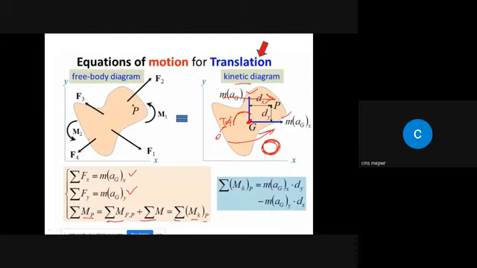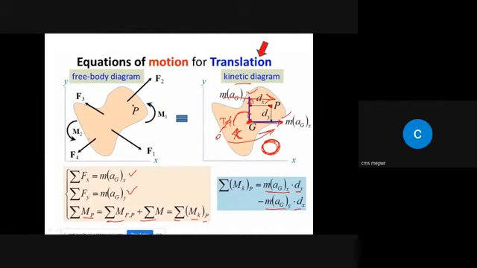But if you want to find it at point P, there is no externally applied couple or inertia couple, so this term Ig will be removed. The only moment at point P will be due to this force and this force, right? So MKp will be due to m a_gx multiplied by the perpendicular distance, which is dy, and m a_gy multiplied by the perpendicular distance, which is dx, right?